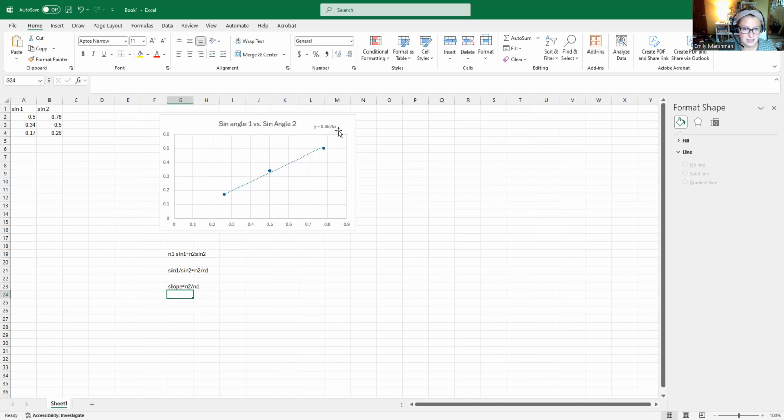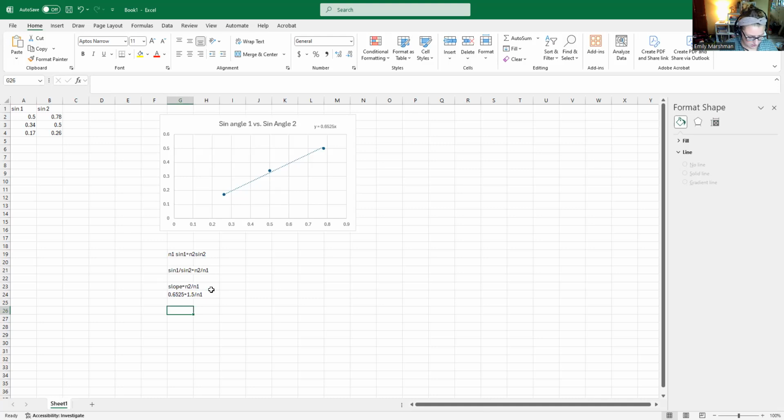The slope of the line that we figured out here in the graph was 0.6525. That has to be equal to the second index of refraction, which was glass, right? It went from the mystery material into the glass. So n2 is glass, 1.5. And the mystery material is n1, which we're trying to figure out.